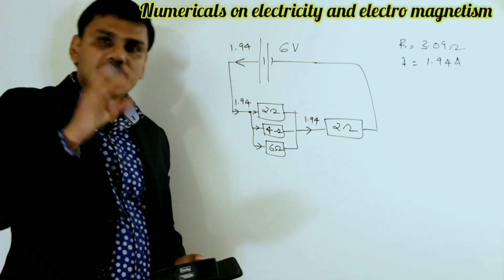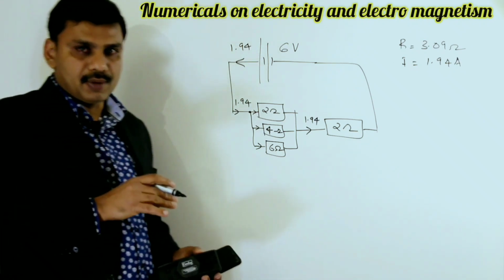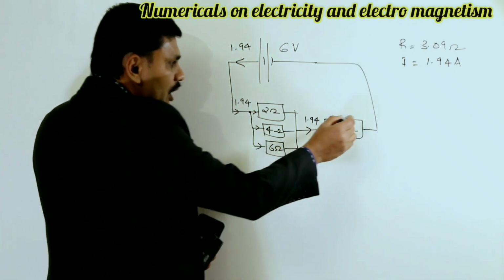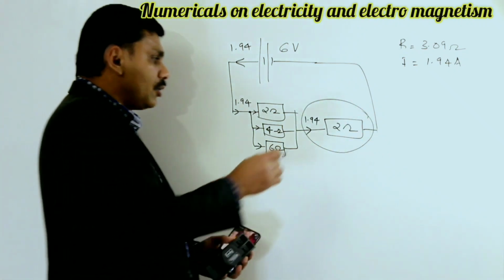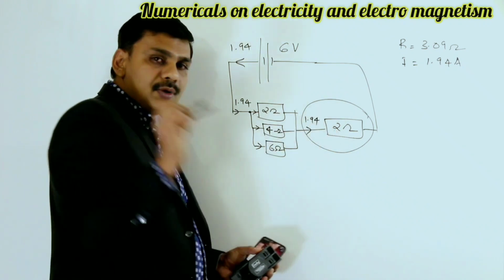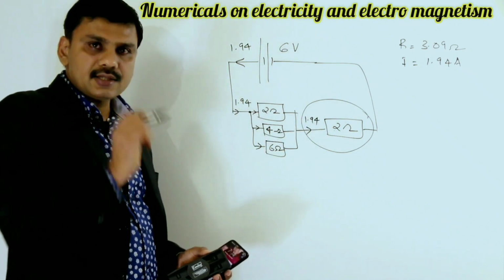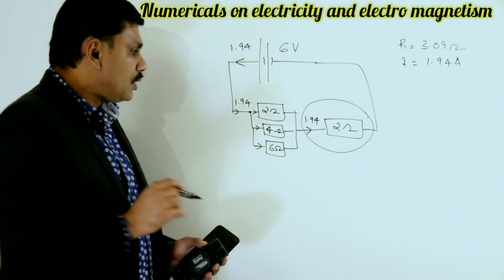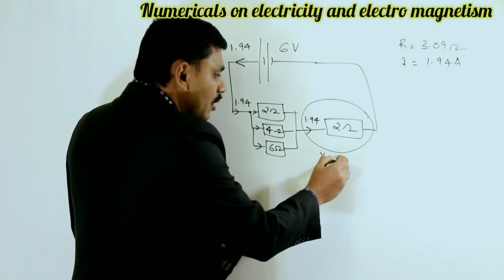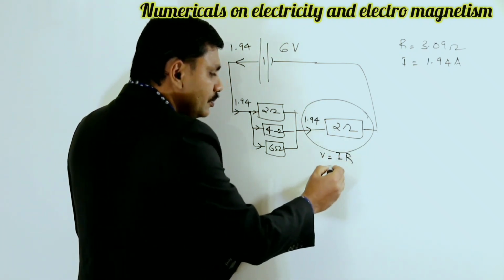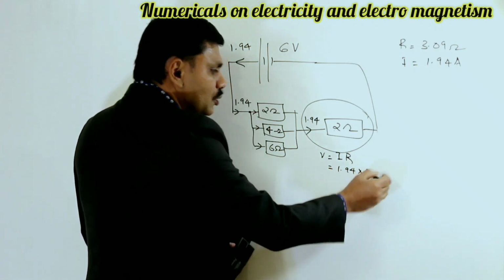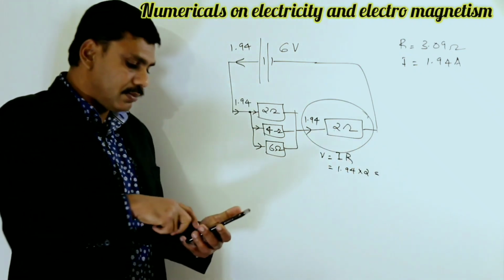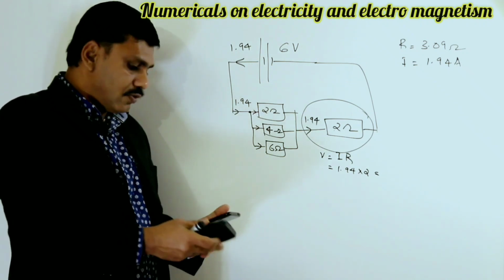We are using very simple equations, but some logic we are applying. So here you can calculate the voltage. What is the reason? Because the current flowing through 2 ohm, you know it, and the resistance is 2 ohm. So here the voltage will be I into R, equal to 1.94 multiplied by 2.